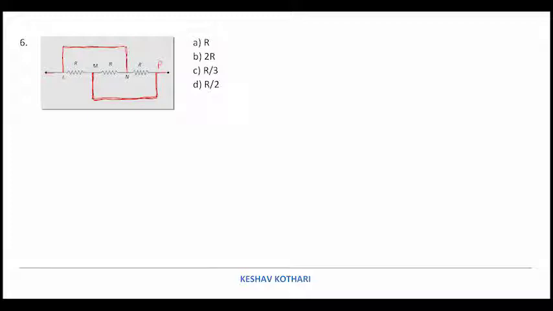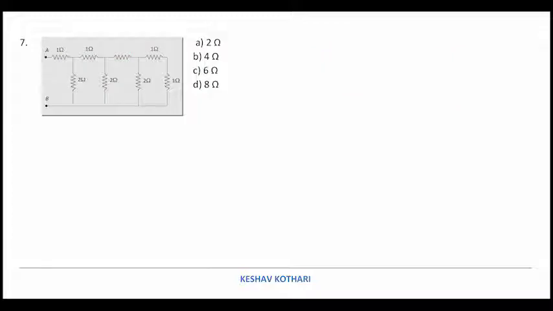So if I draw the diagram this way, that I mark this point as L and the other end as P, all the resistances are lying somewhere between L and P, because the potential of N is equal to L. So the three resistances are lying in between the potential L and P, and hence the effective value of resistance is going to become R by 3 ohm. So for this one, option C is correct. Let us move to the next problem.